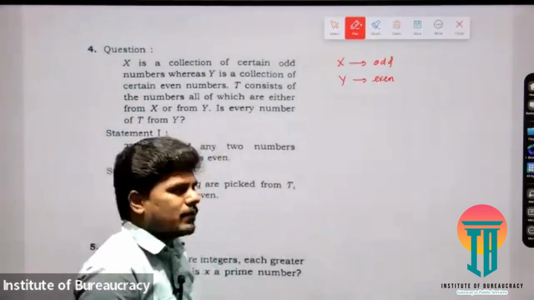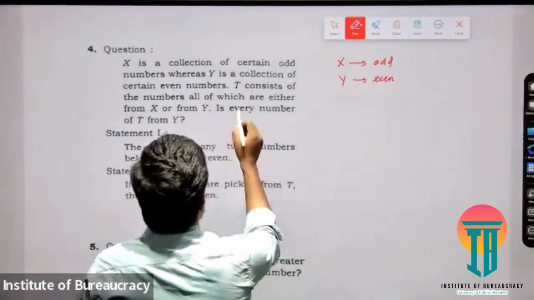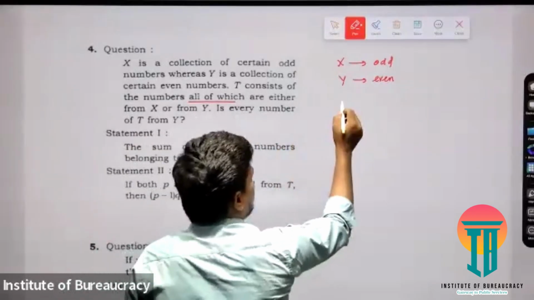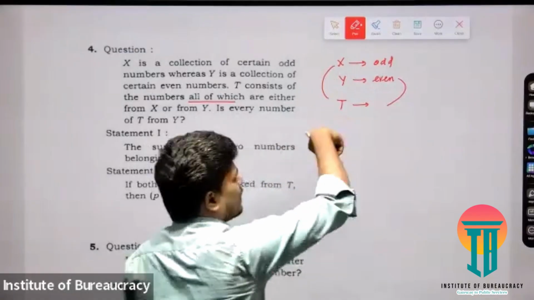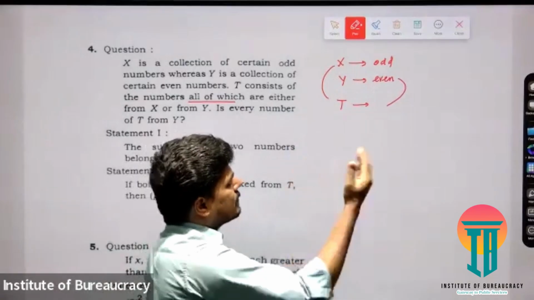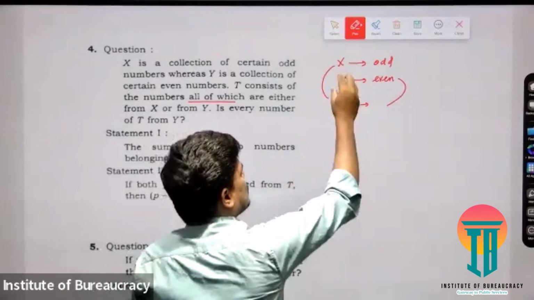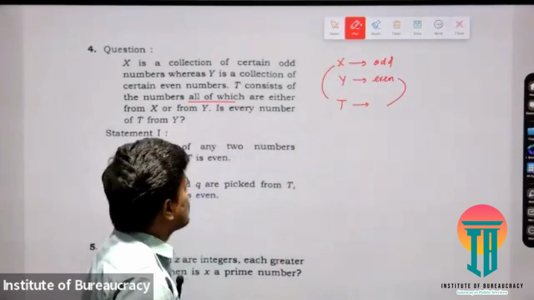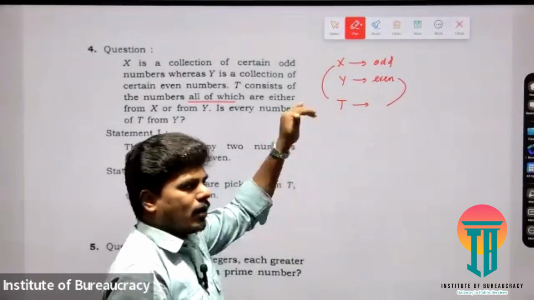T consists of numbers, all of which are either from X or from Y. That means it is not going to have numbers in combination, some number from X, some number from Y. If it is having numbers from X, then only from X; from Y, then only from Y. So that means T is going to have either odd numbers or even numbers.